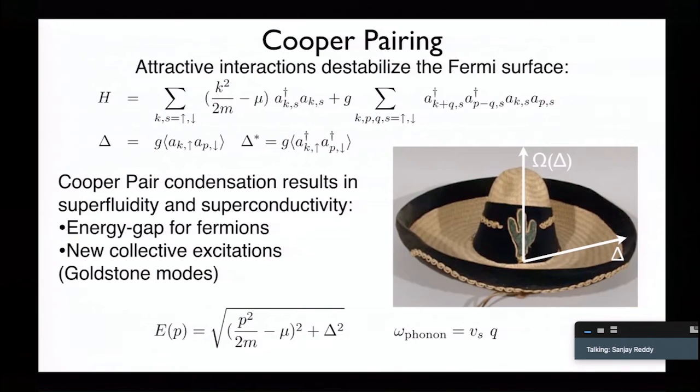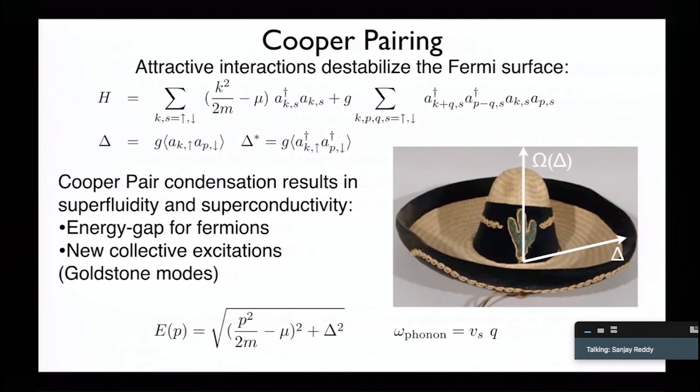So changing the phase of this condensate costs no energy, and that excitation of the phase is called the Goldstone boson. And so whenever you have superfluidity, the two important consequences are, one, you have no gapless fermionic excitations, and the second consequence is that you actually have a new excitation, which is a bosonic excitation associated with the phase of this fermion condensate.